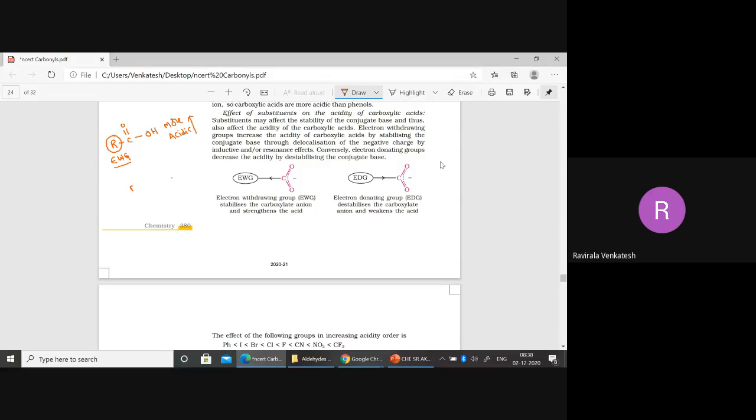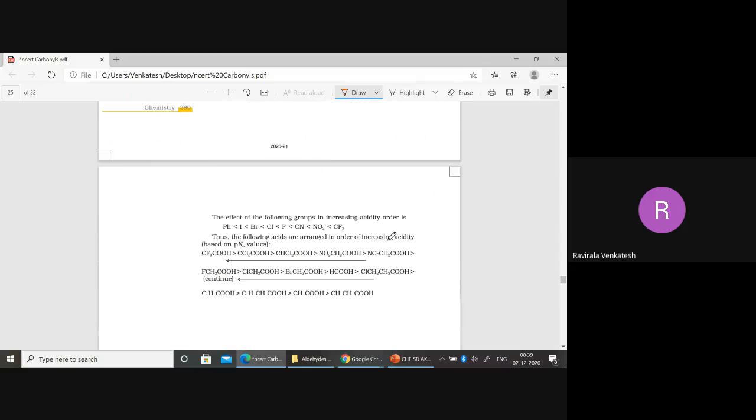For example, if you have electron donating groups here, then the acidic character decreases. So what you have to remember: electron withdrawing groups will increase the acidic character, and electron donating groups will decrease the acidic character. This is a very important point you have to remember to solve these problems.